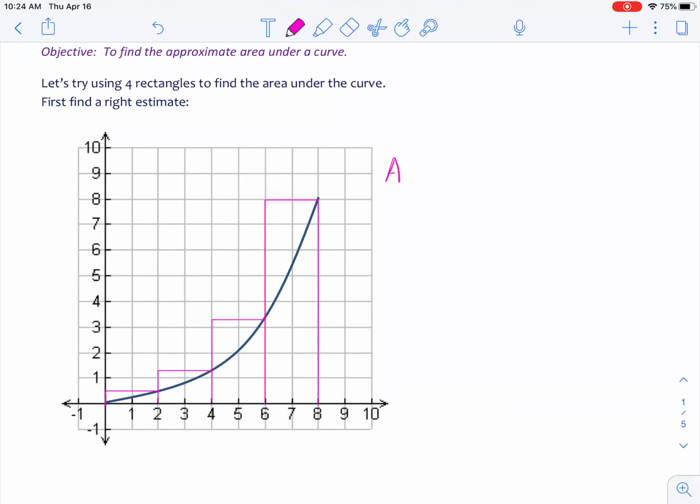And we're going to use these rectangles to approximate the area. Now, area of rectangle is width times height, or width times length. So each of these widths is 2 units. We need to approximate what the height would be.